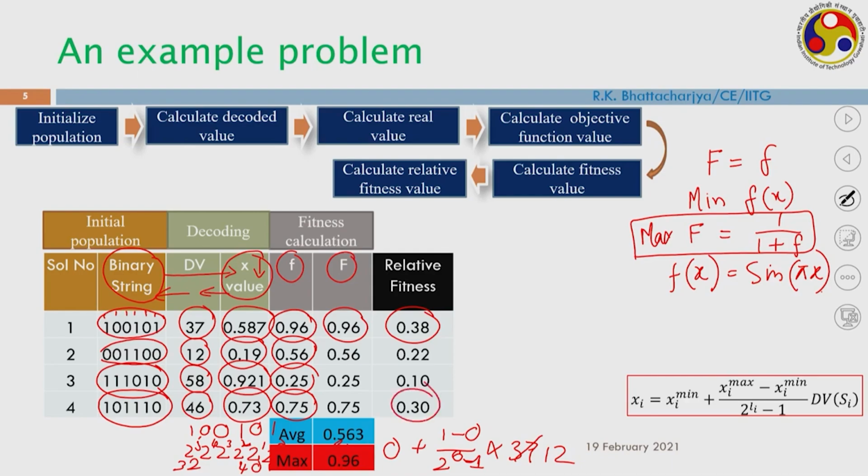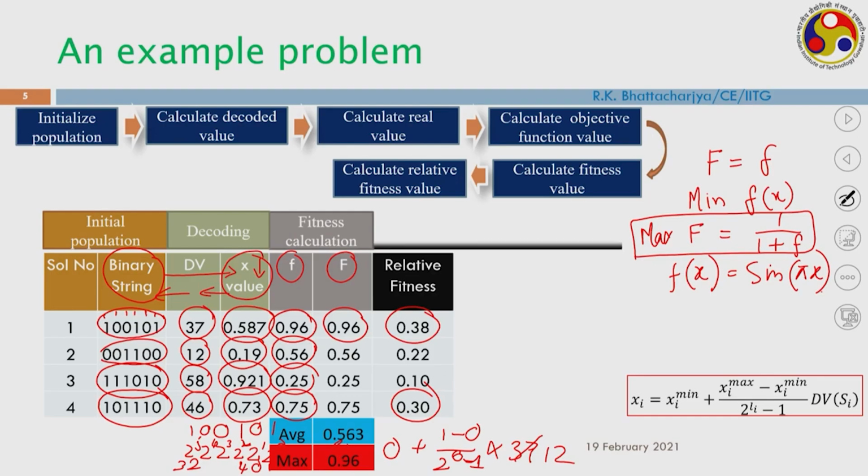If you recall, this relative fitness is equal to the area occupied on the roulette wheel. So, this is the area this particular solution will occupy on the roulette wheel: 38%, then 22%, then 10% and 30%.